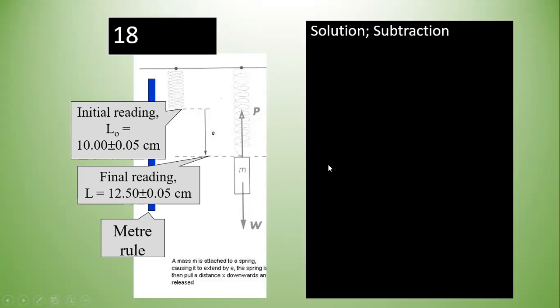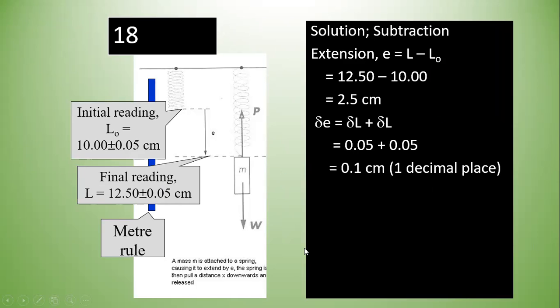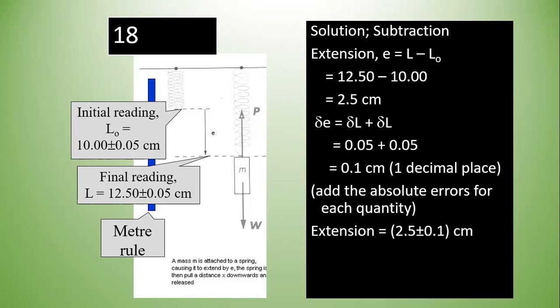Then you want to measure E, the extension. Subtraction: you subtract the final reading minus the initial reading. You get 2.5. For subtraction, you add the uncertainty, delta L plus delta L. Add them up is 0.1 cm. One decimal place. You can write your answer.